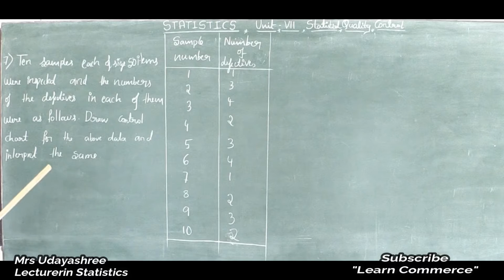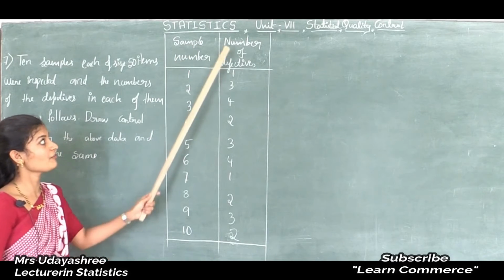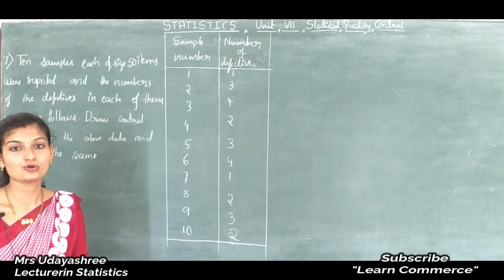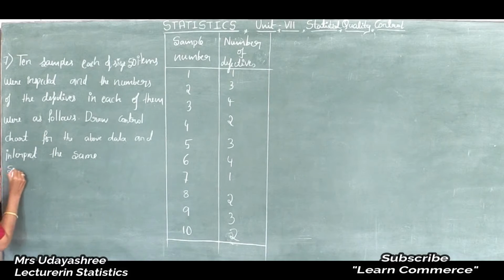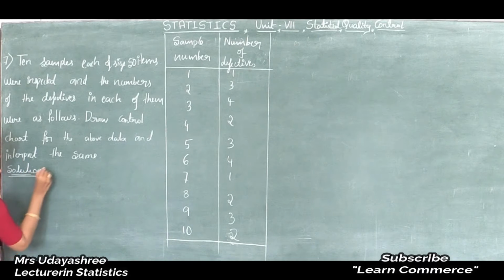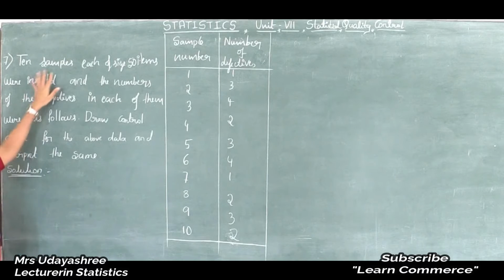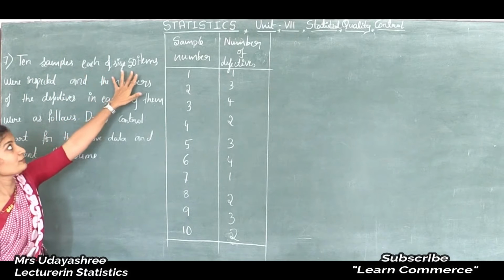So here the given information is like this. Sample numbers are given and number of defectives are given. So the solution part is like this. The 10 samples each of size 50 is given.